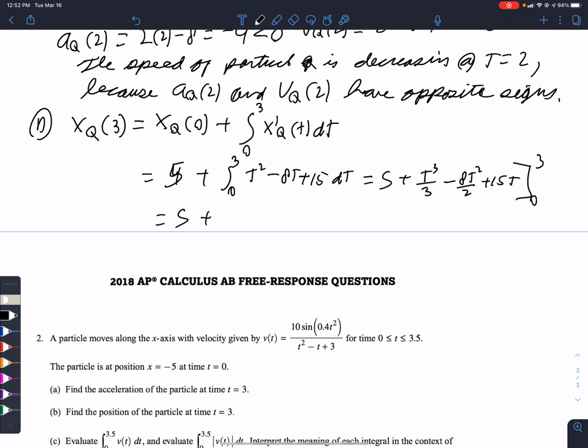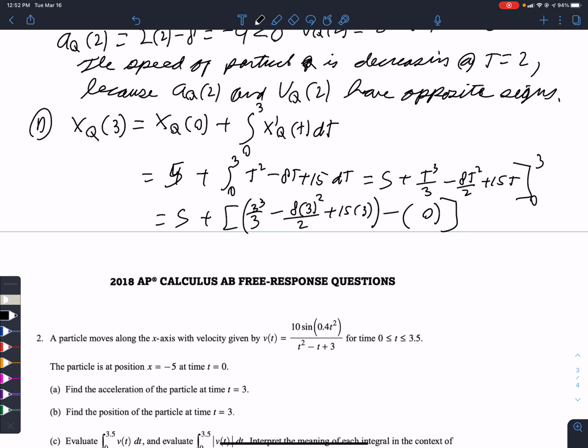And then I'm going to plug in 3: 3 cubed over 3 minus 8 times 3 squared over 2 plus 15 times 3, minus, then I plug in 0, and I'm going to get 0. Done. You don't have to show any work.